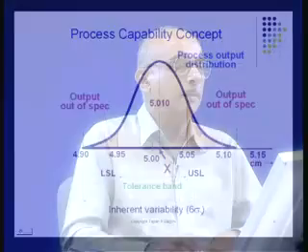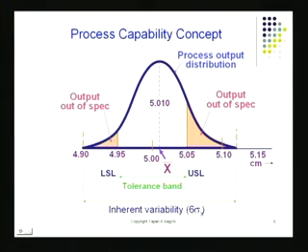Let's see how we do that. I have a process here, and this process has a target which is at 5.00. That's the target. The target being there, what we have to do is keep the target there and look at your real output. The real output, if I average the whole thing, the real output X double bar, that is at 5.010.